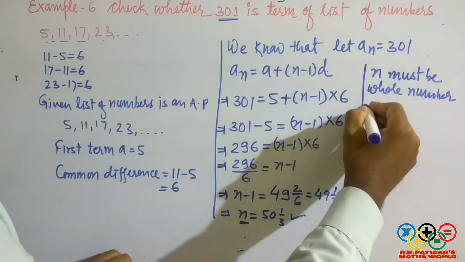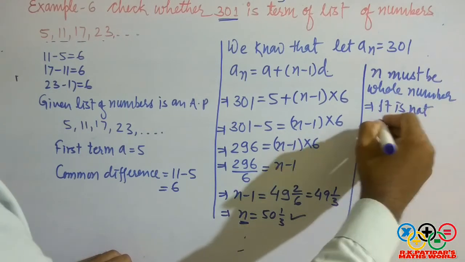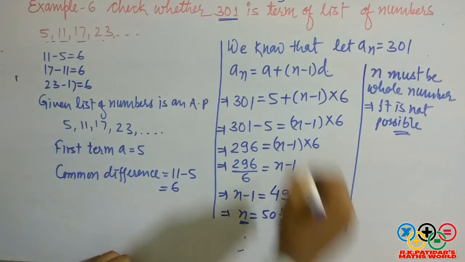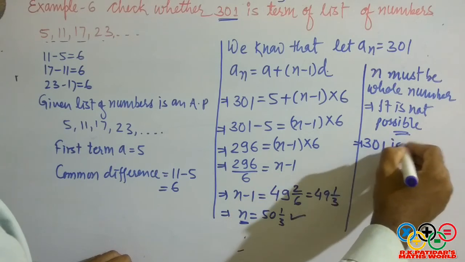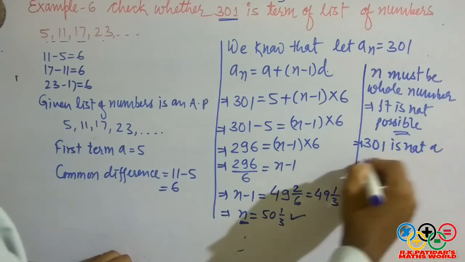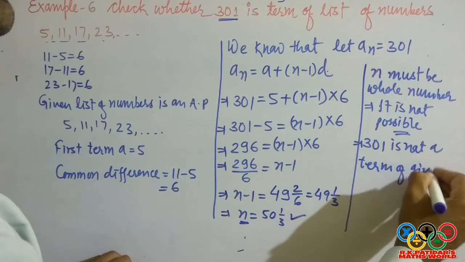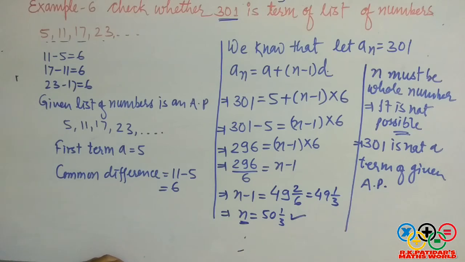Okay, this implies it is not possible, and if it is not possible, then 301 is not a term of given AP. ये जो है given AP का टर्म नहीं होगा.